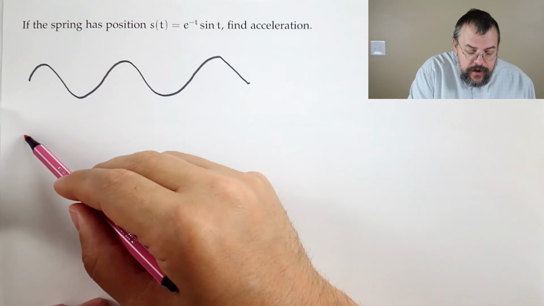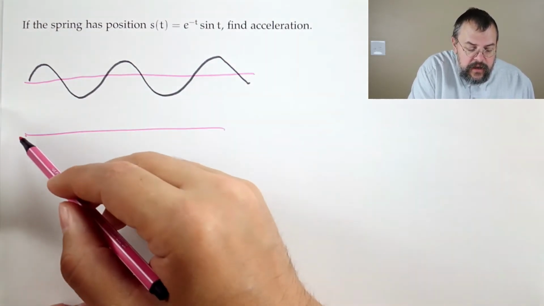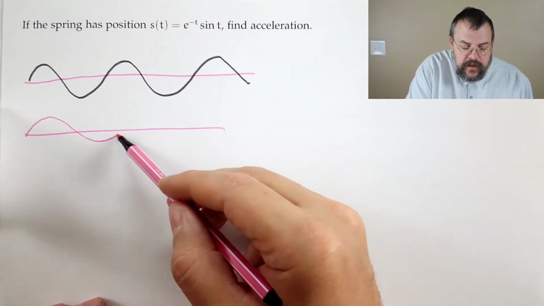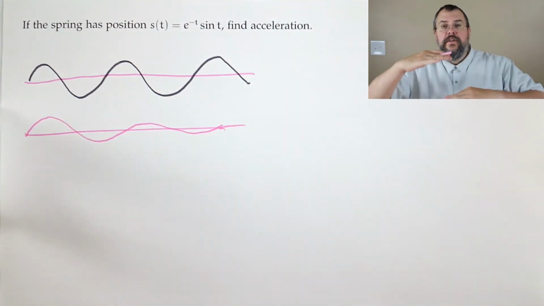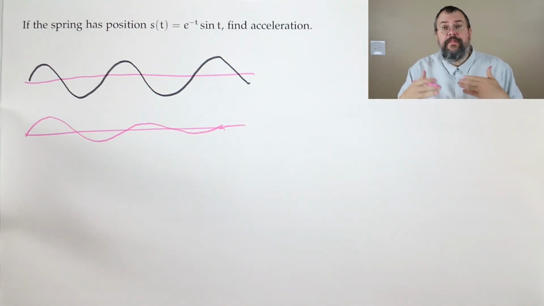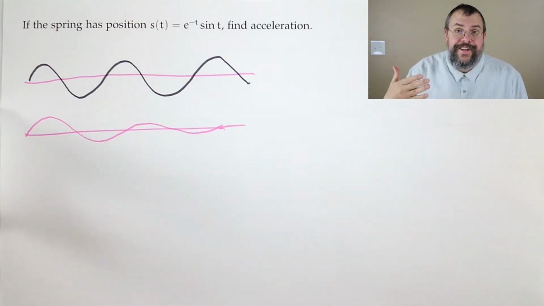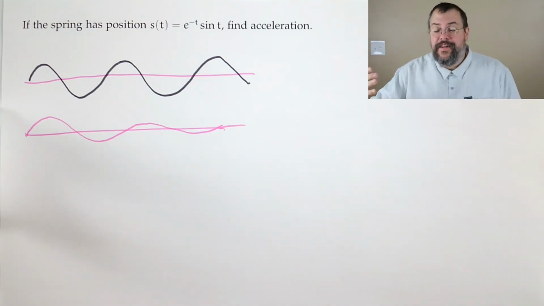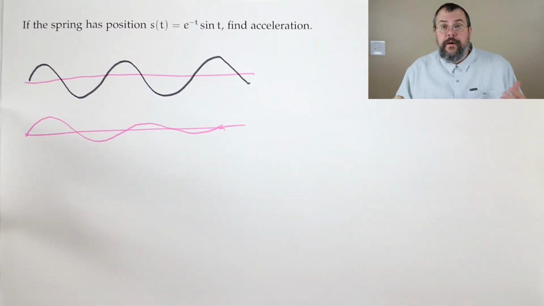So here are our axes, and over time, it's going to get closer and closer to the axes, right? It's shallower and shallower heights. So that's the type of behavior that we're seeing. Again, you'll see this in differential equations. This is kind of a dampened spring going on. But okay, so that's the idea of the problem.